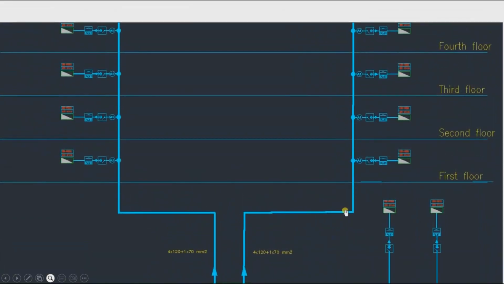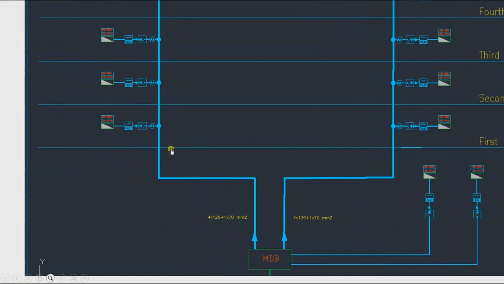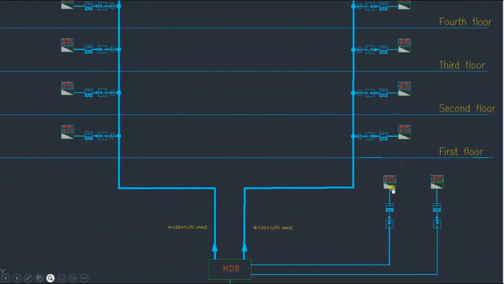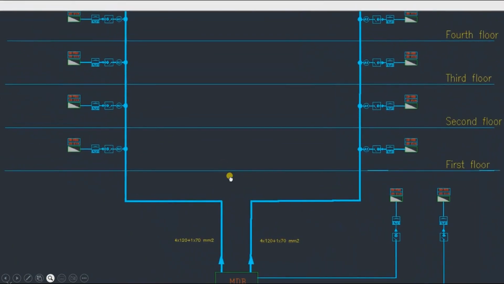Then we have this riser, a 3-phase riser going up to the 4 floors to provide electrical power to these 4 apartments, and another riser going up the building and supplying electrical power to these loads or these panels. Okay, so how many panels do we have? 1, 2, 3, 4, 5, 6, 7, 8, 9, 10. Okay, 10 distribution panels.